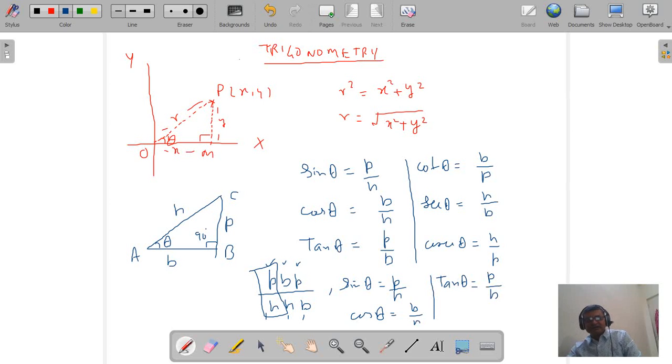So you can very easily understand it and just reverse it: B upon P will be cot theta, H upon B will be sec theta, and H upon P will be cosec theta. If you know Pandit Badri Prasad Har Har Bole, then you are in a position to understand it very clearly. Now we are moving to the next page.